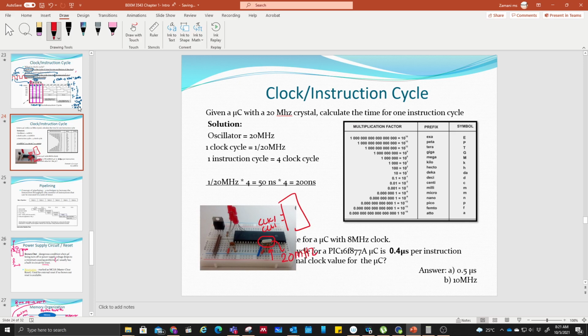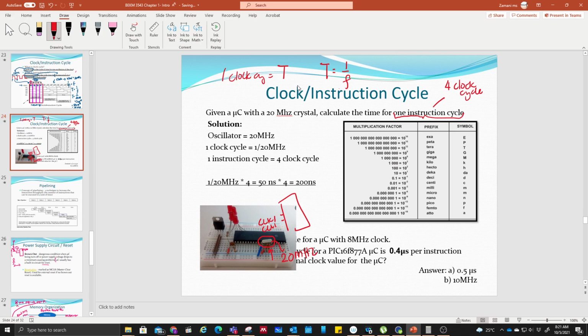Example: calculate the time for one instruction cycle. Remember that one instruction cycle is actually going to be 4 clock cycles, right? One clock cycle is equivalent to one period, which is 1 over f, which is this frequency.